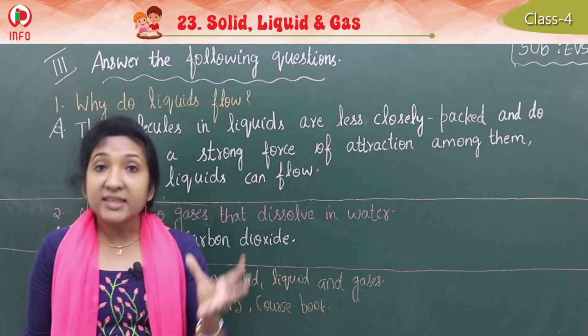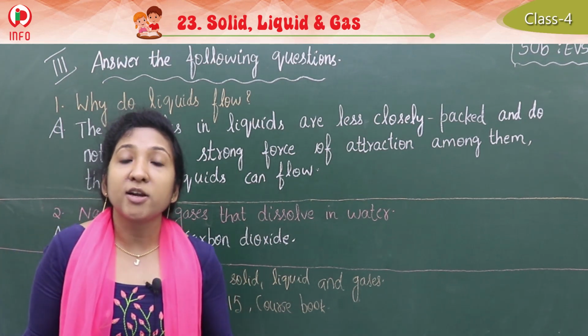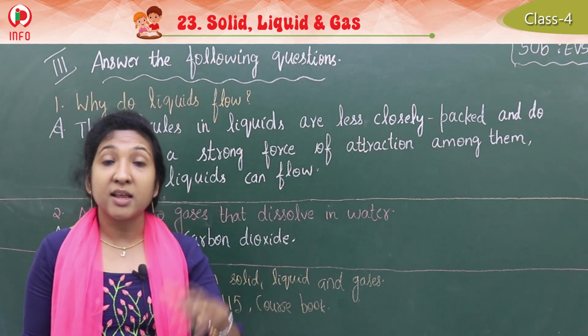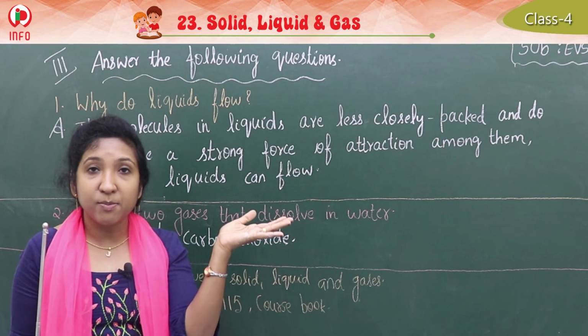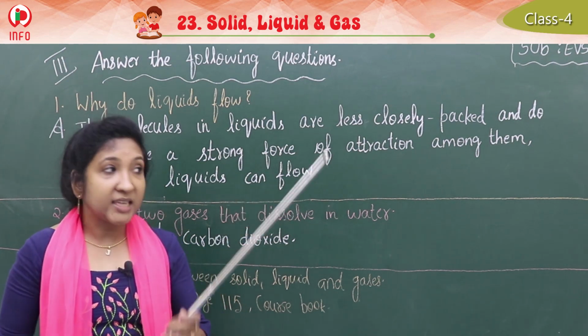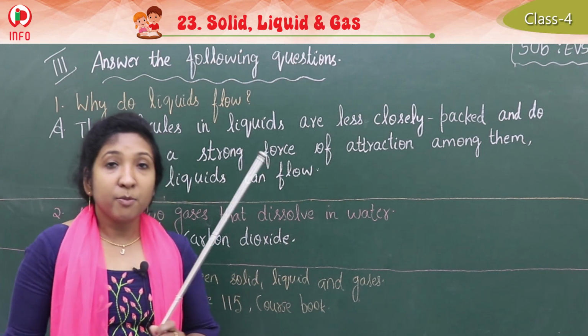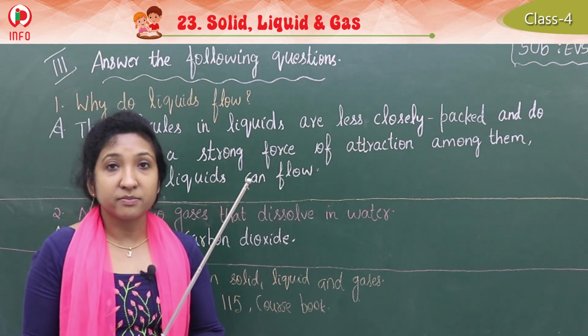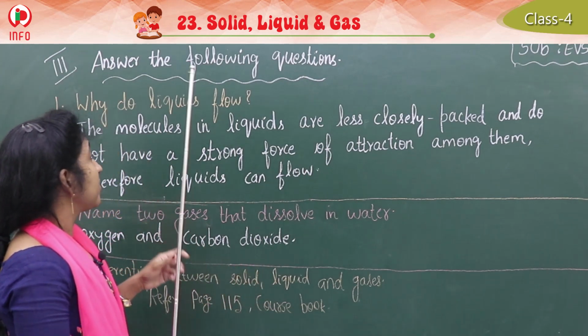So you can see in your course book page number 115, the differences between solid, liquid, gas are mentioned there. See the table and copy it in your workbook. Okay. Yes. So the first one, why do liquids flow?